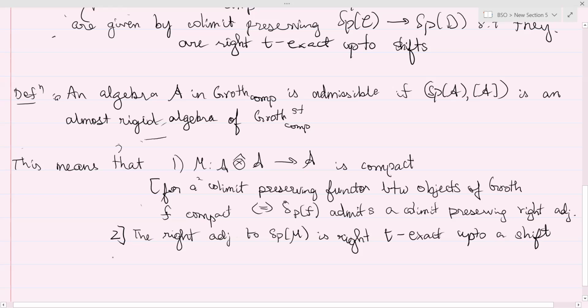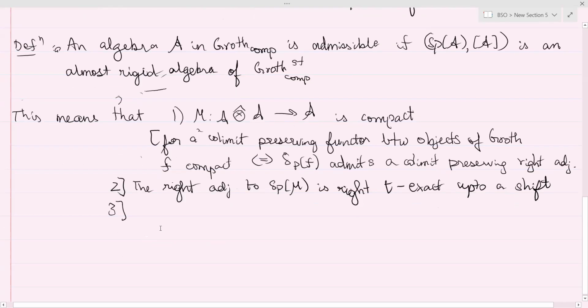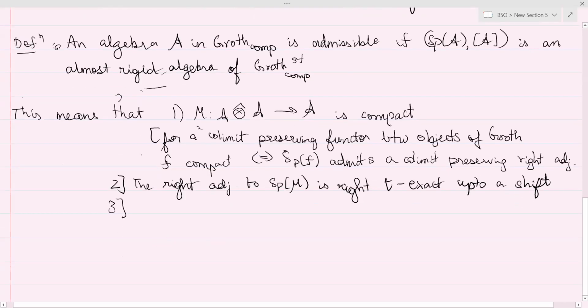And finally, we have that for an almost rigid algebra, we have these squares that we want to be vertically and horizontally right adjointable, which translates to the following.